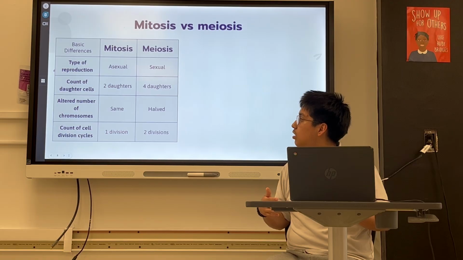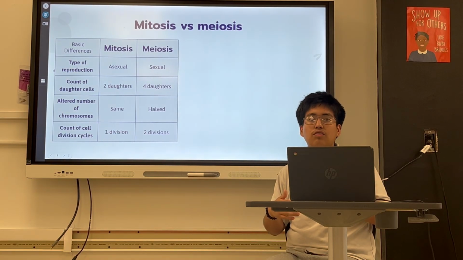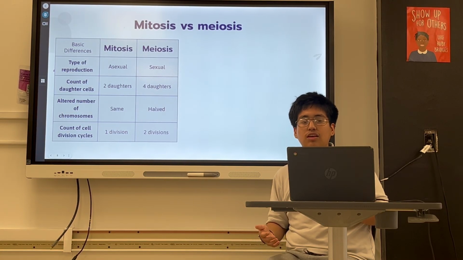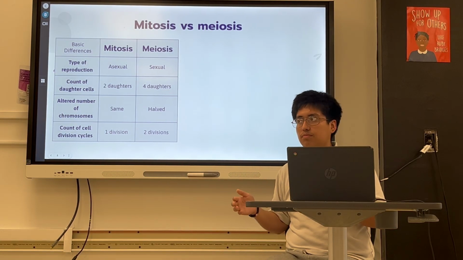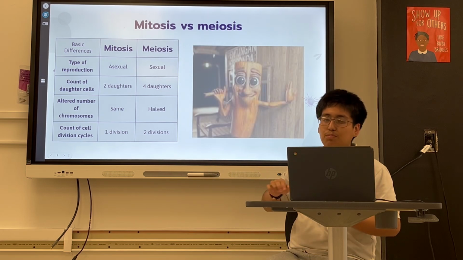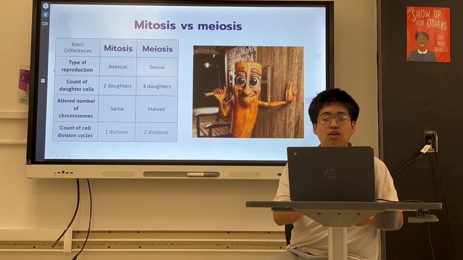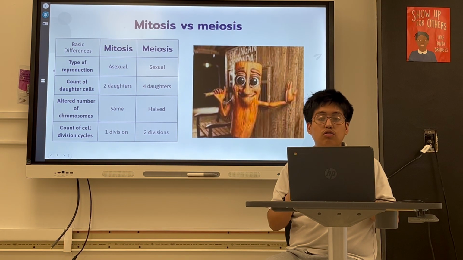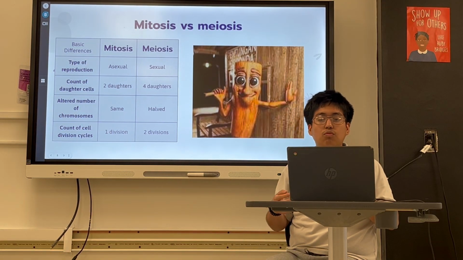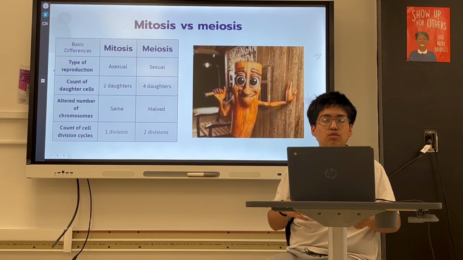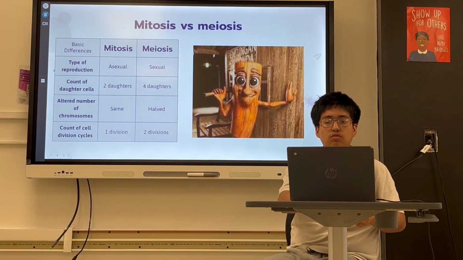Mitosis creates cells that have the same number of chromosomes as the parent, but meiosis creates cells that have half. There are a lot more differences: meiosis occurs in germ or reproductive cells, while mitosis occurs in somatic cells.